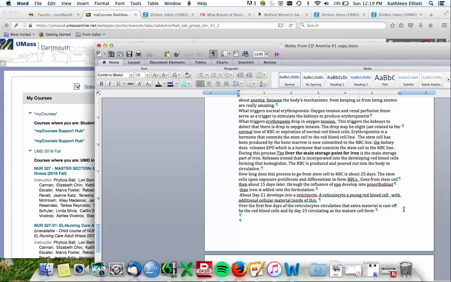Erythropoietin is a hormone that commits the stem cell to the red blood cell line. The stem cell has been produced by the bone marrow and is now committed to the red blood cell line.